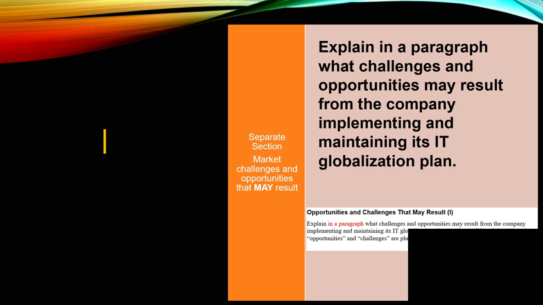So you're going to explain in a paragraph what challenges and opportunities may result from the company implementing and maintaining its IT globalization plan. So then this is the updated plan that you've done, and this is what may happen, what could happen. Now this is not limited to IT. You've got to think about this company is going global, it's going to multiple countries.